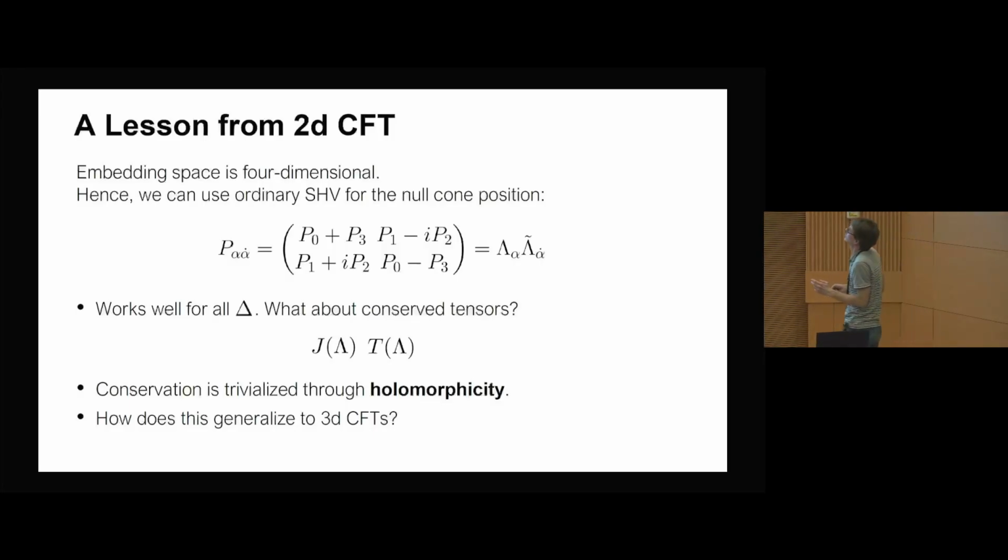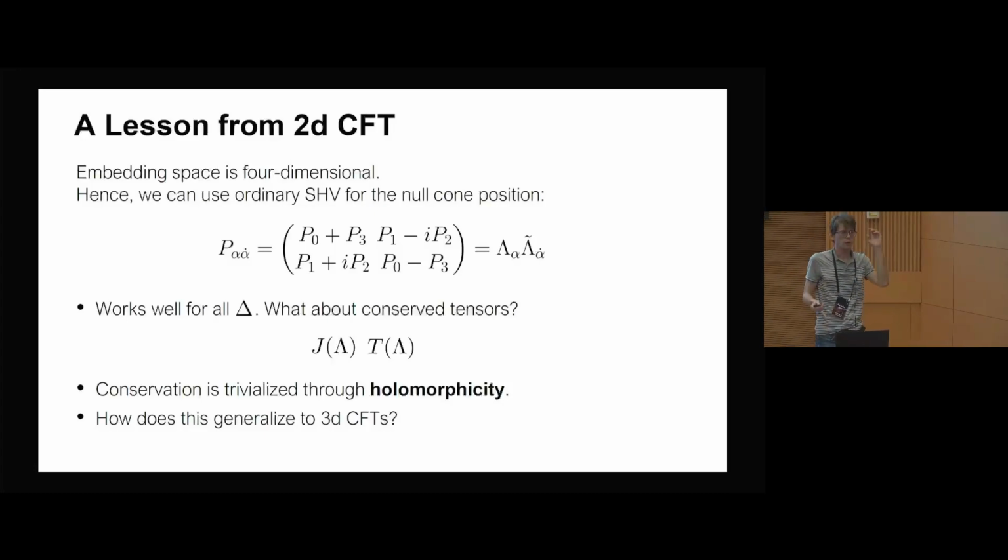So let me tell you a nice lesson that we learned from studying 2D CFTs. Here the embedding space is 4-dimensional, and hence we can use the ordinary spinor helicity variables that we use for 4-dimensional massless momenta to express now our 4-dimensional position in embedding space, which belongs to the null cone of embedding space, right?